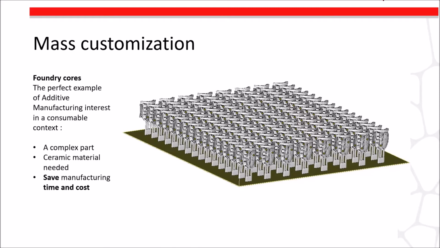So if you print them vertically, you can print lots of parts. So 3D printing is a very adapted technology for such parts, because it's not, I would say, millions of parts required by the customers, but maybe hundreds or thousands of parts.